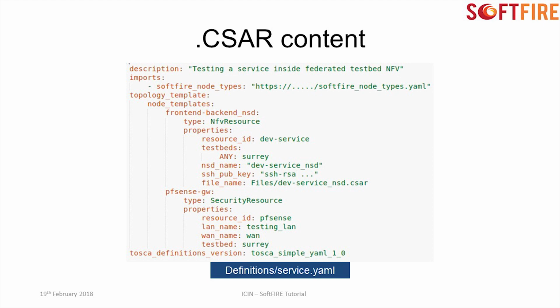We can see the local network name, that is testing LAN, that we will use also for the front-end back-end, and we can see also the name of the WAN network.